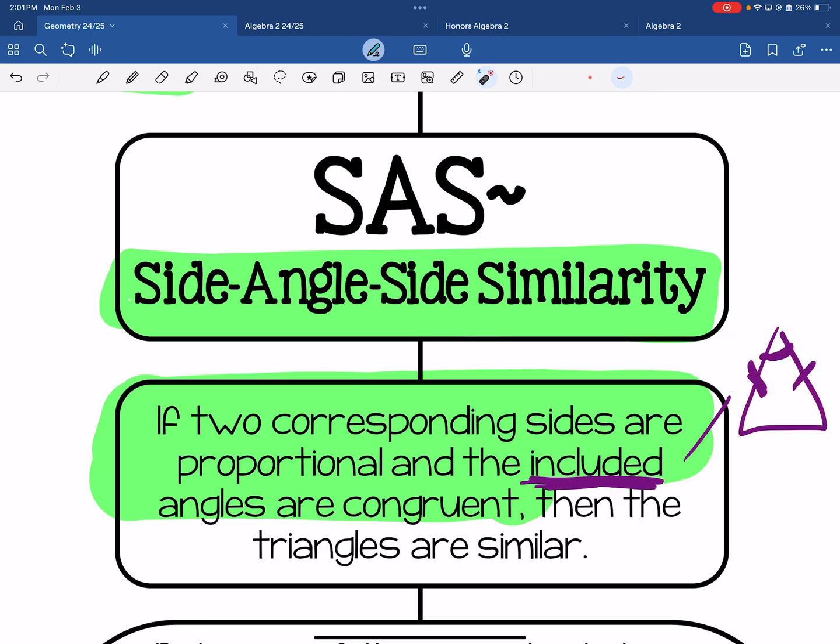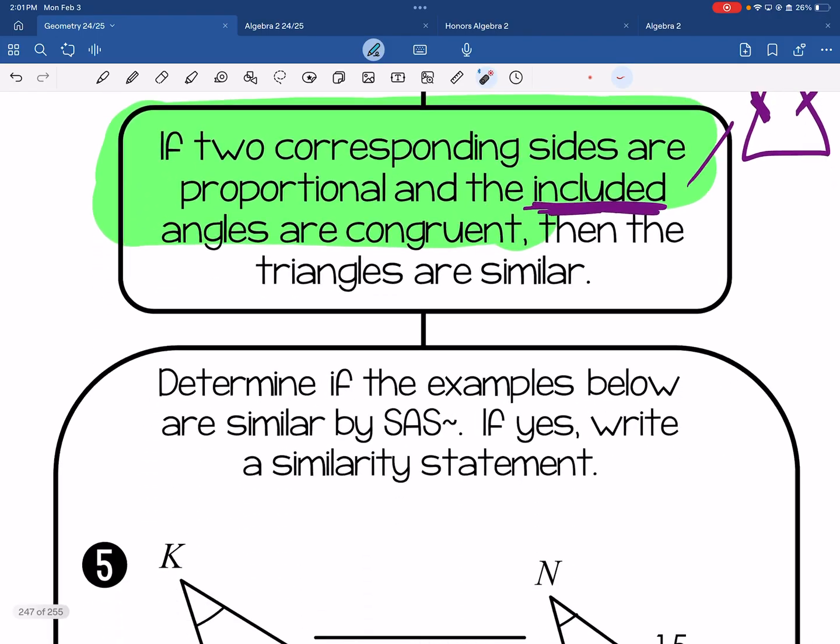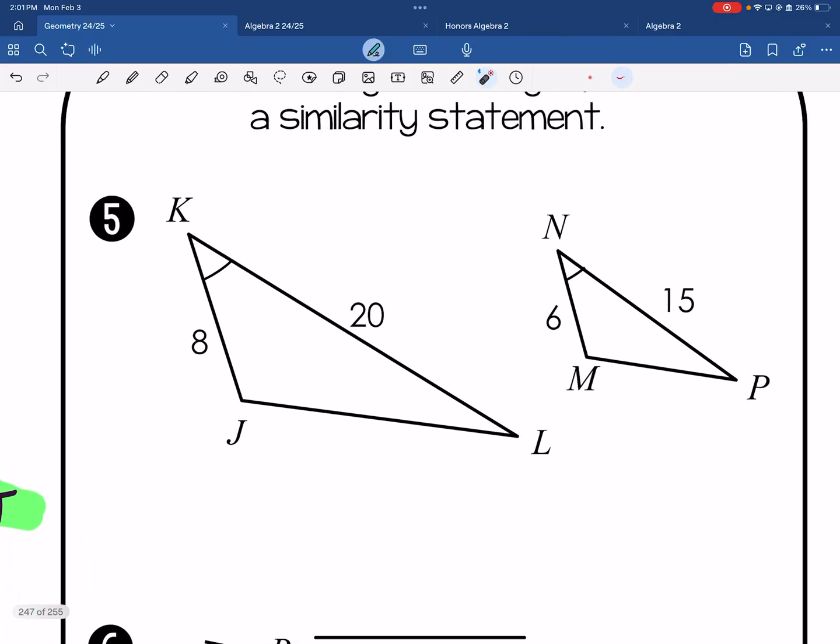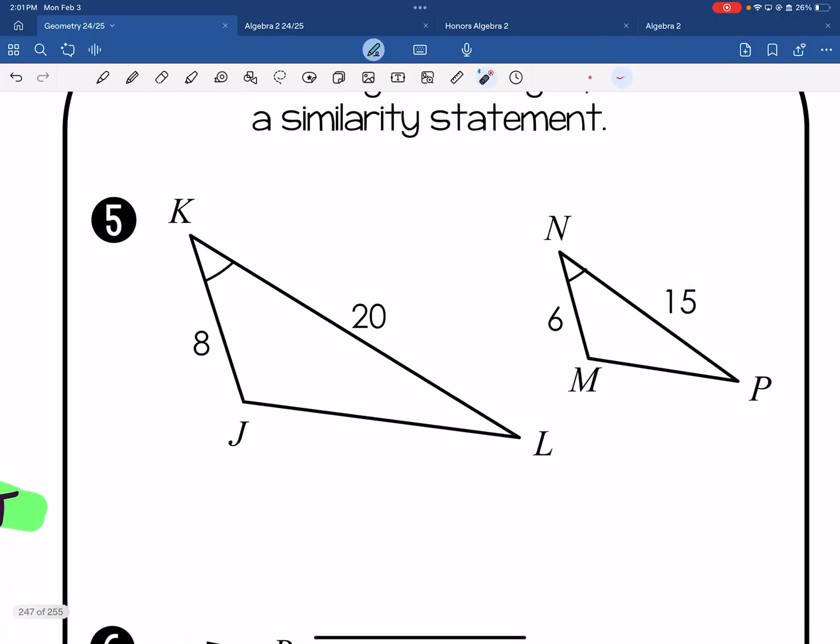Okay, we had side angle side congruency, and what always got us was that angle had to be included. So it has to be between them. Think about it as it could close up on it with our given sides. So if we look at an example of this, again, sometimes it's pretty easy to see if we're going to try to prove this to be congruent by side angle side.